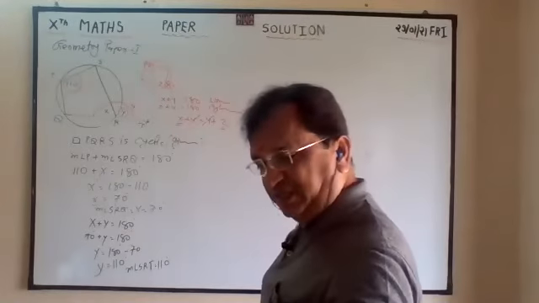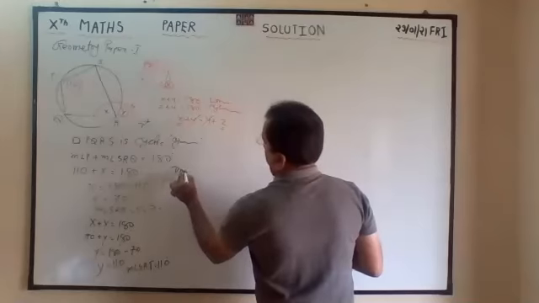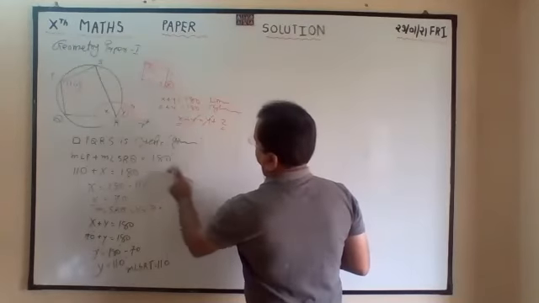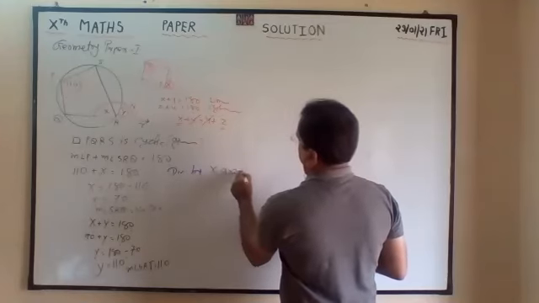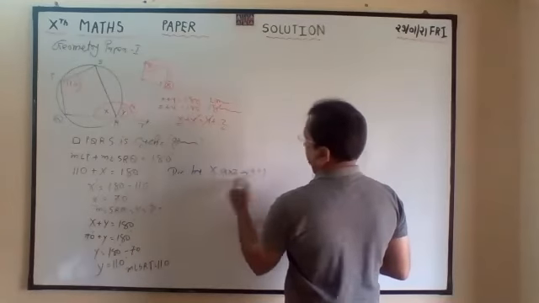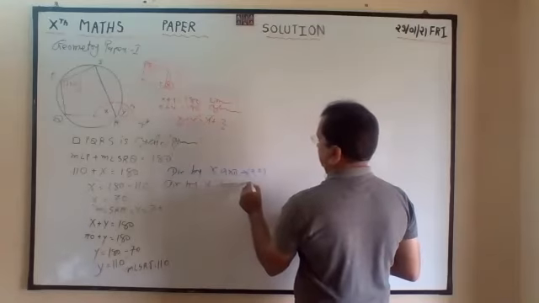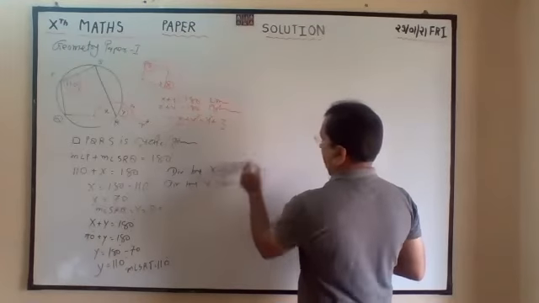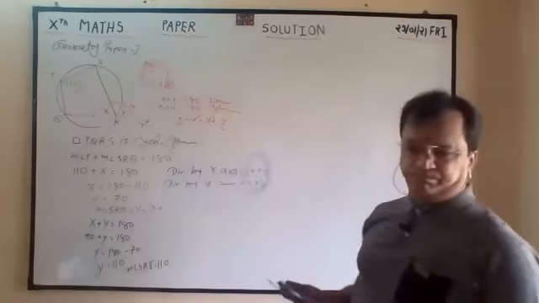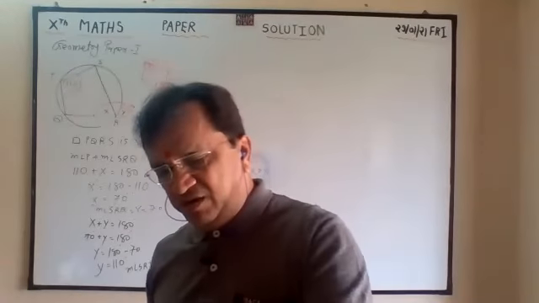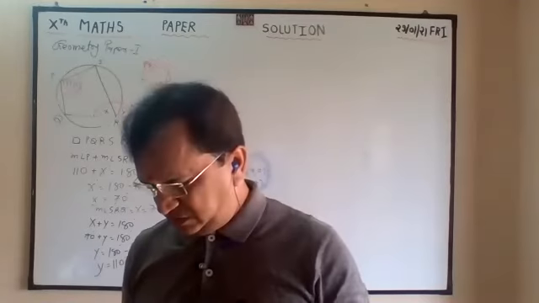Divide by x-axis, divide by y-axis, you have to remember. A0 divided by x-axis, 0B divided by y-axis. This you have to remember, because if you don't write this, you can't complete your question.